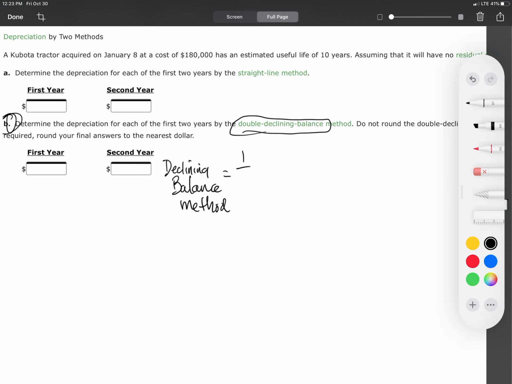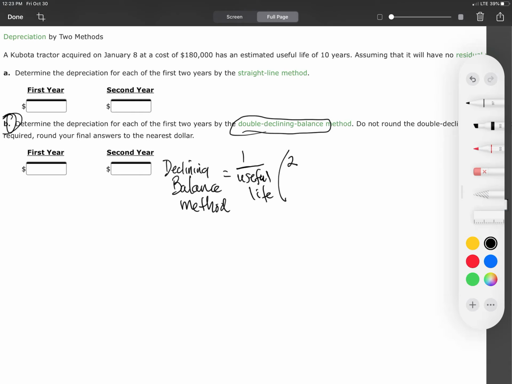The formula is you take 1 divided by the useful life. The useful life is how many years you plan to use an asset, not the total number of years that the asset will exist being used by somebody else, just how many years you are going to use it.